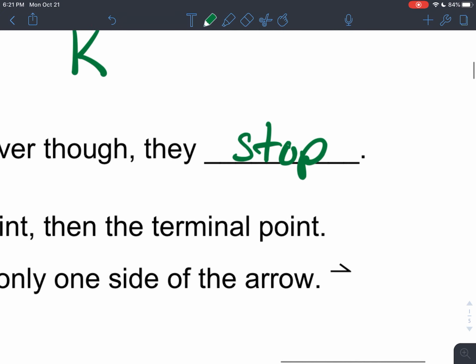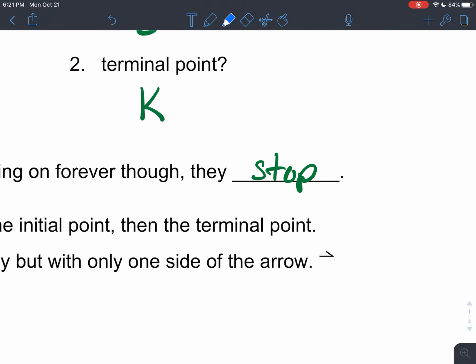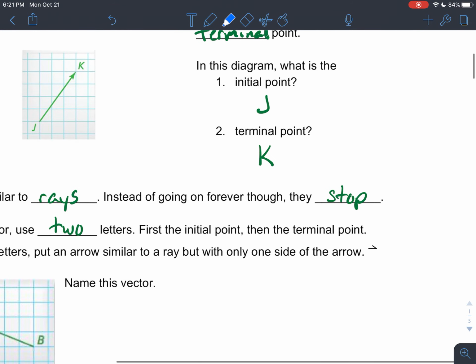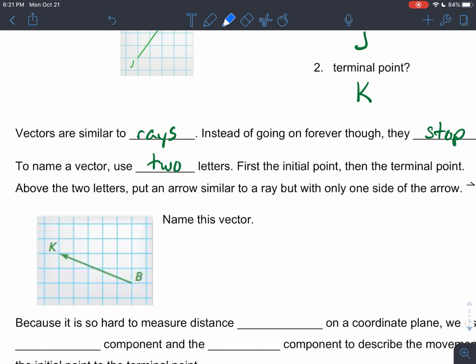It looks like what's called a harpoon, as in the typography of it. It's like a one-sided arrow. You took the arrow and chopped off the bottom half. So take a moment. How do you think we're going to name this vector?